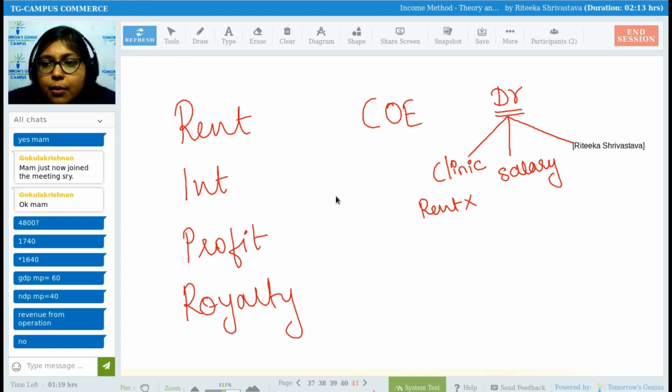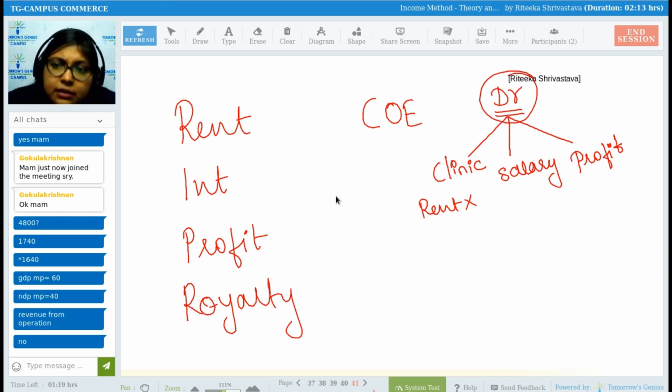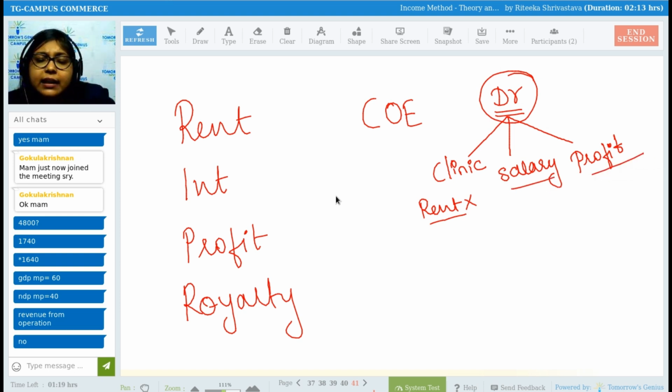Then whatever profit he is receiving, that is also in his hand. You don't have to distribute it to anyone. So one person is getting all kinds of income. Rent is his, salary is his, profit is his, wages, everything is his. So one person is receiving multiple types of income.